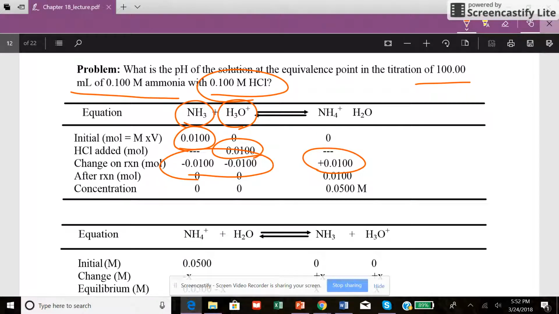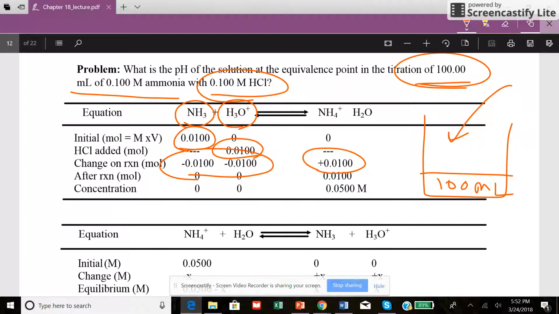The number of mole would be 0.01, but the concentration would be different because the volumes are additive. You started with 100 milliliter of ammonia, and at the equivalence point, you add 100 milliliter of HCl, so the volume at the end is going to be 200 milliliter.